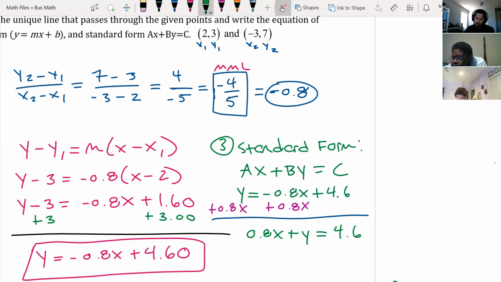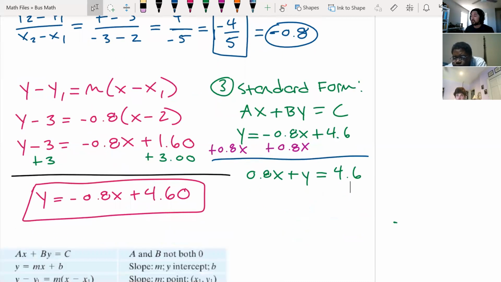Okay. But I think this isn't going to be good enough for the MyMathLab answer. I don't think it's going to want decimal numbers in there unless it really asks for them. So how can I get rid of these decimal numbers? What number could I multiply both sides by to get rid of those decimals? 24, it's good.